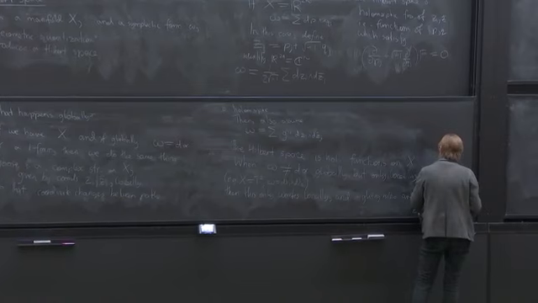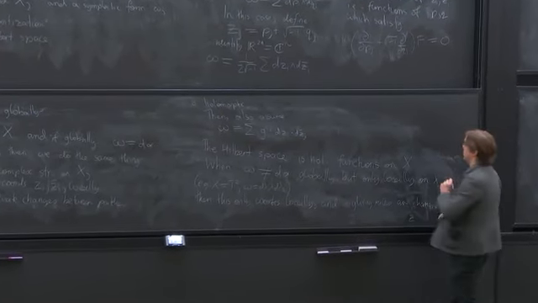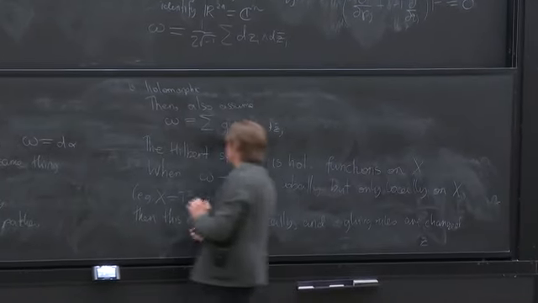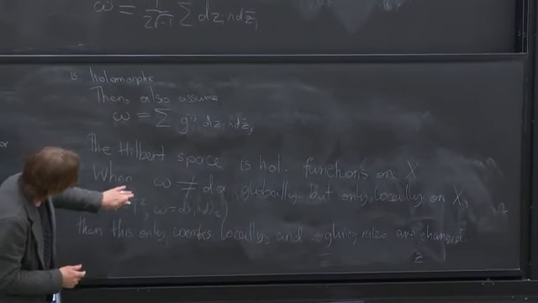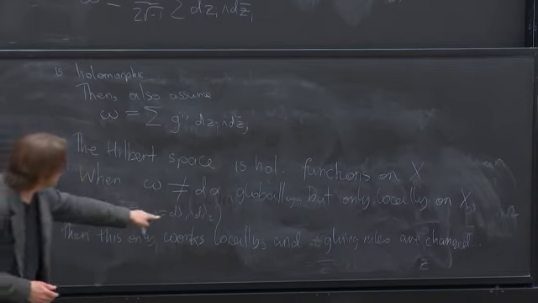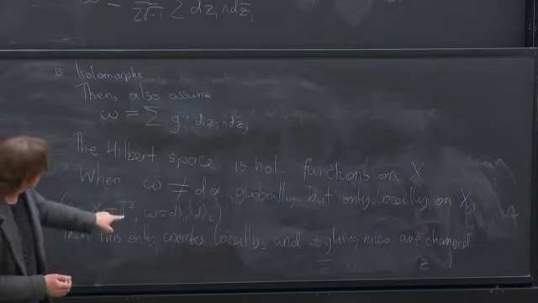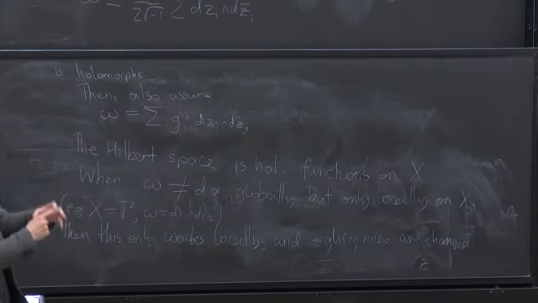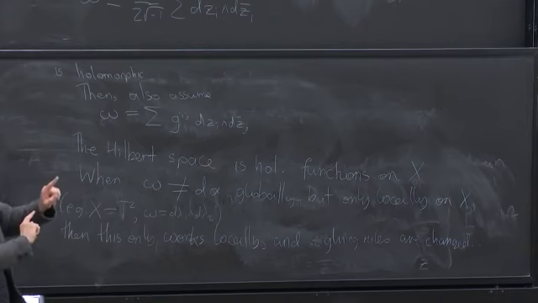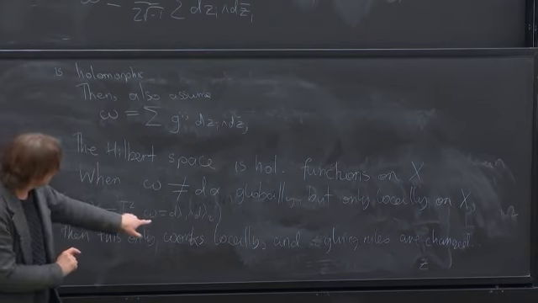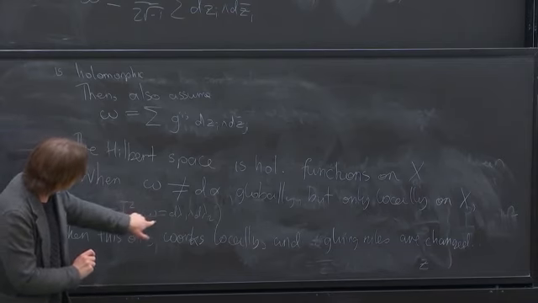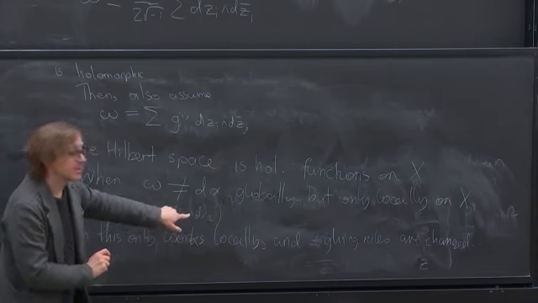So I'll say more about this next time. But what we're going to find, if we look at the example of T^2, is that if I view T^2 as a quotient of the plane by a lattice, then locally on that plane I can write omega as d of something.